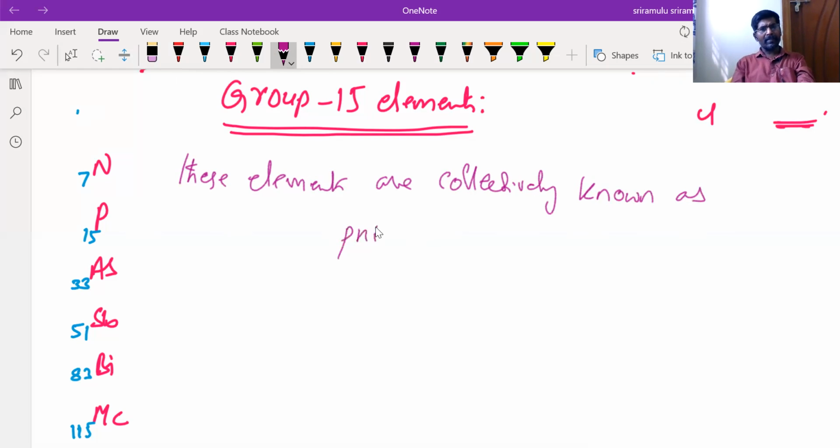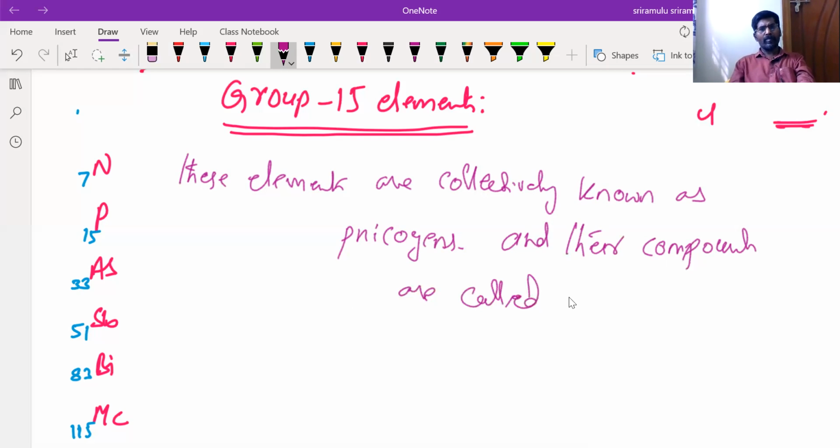pnicogens, and their compounds are called pnictides.